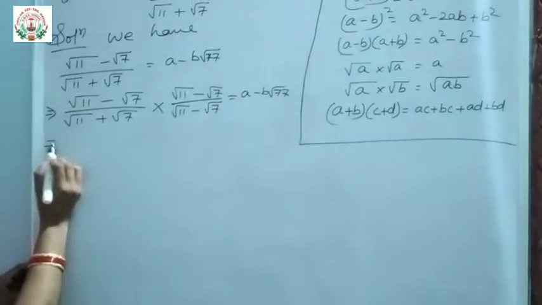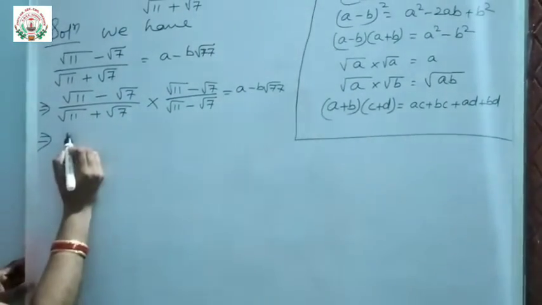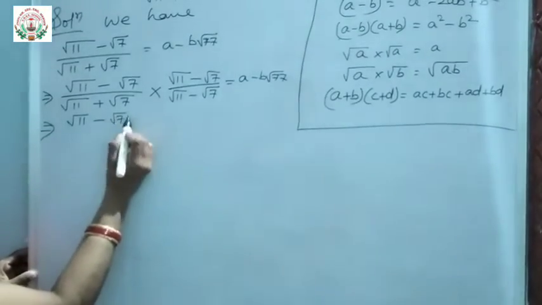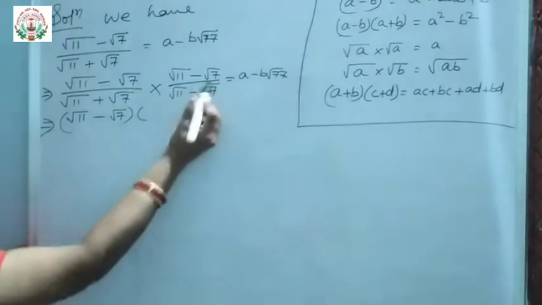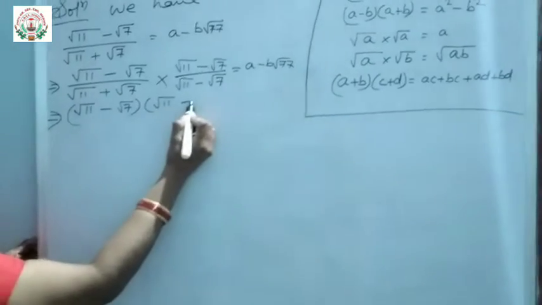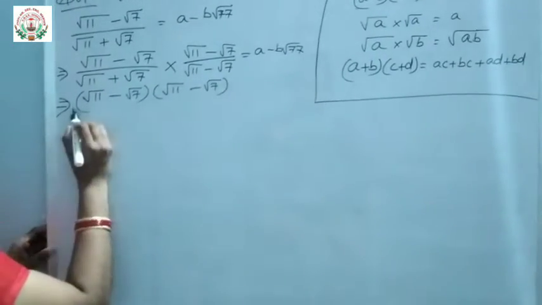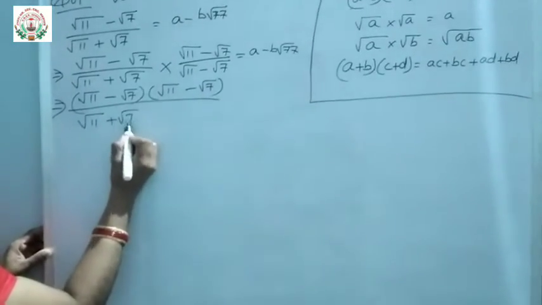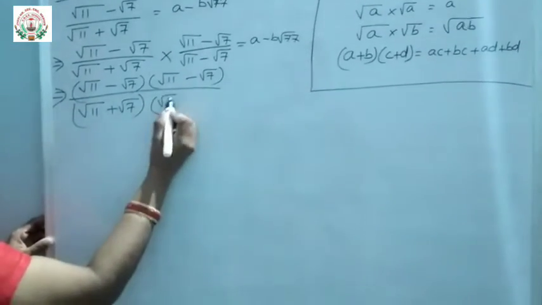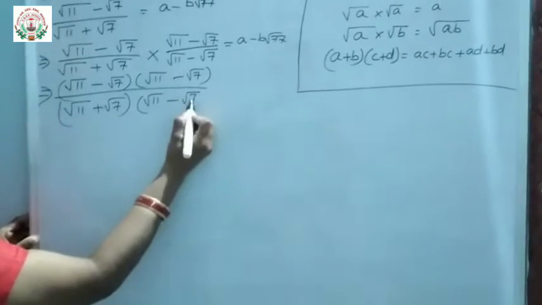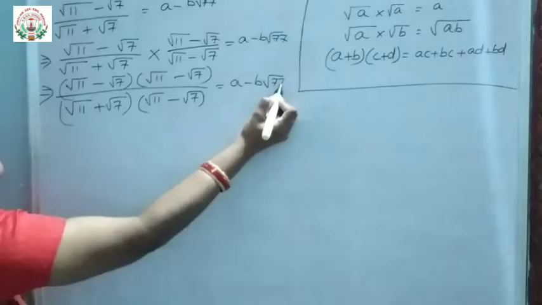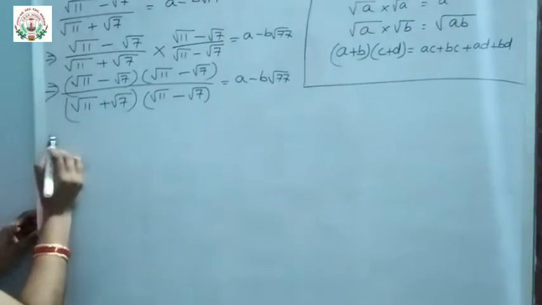Okay. Now see, this is root 11 minus root 7. Then again the same value is there. So root 11 minus root 7 upon root 11 plus root 7 into root 11 minus root 7 equals a minus b root 77. Now we will multiply this.